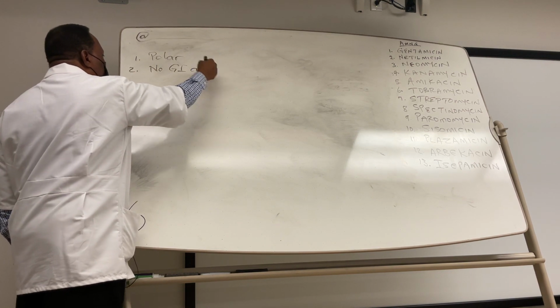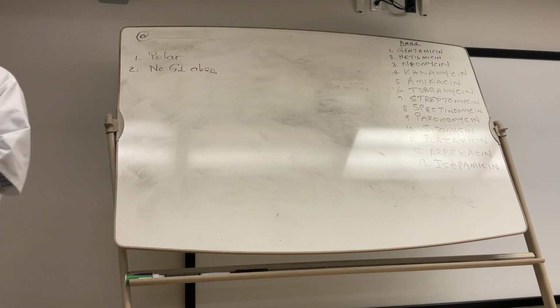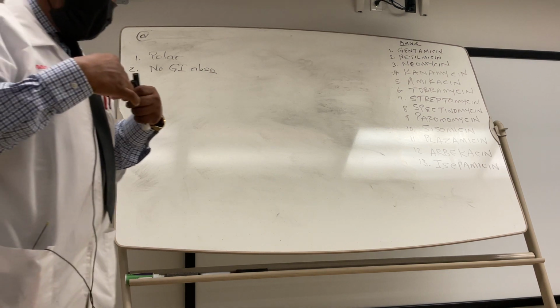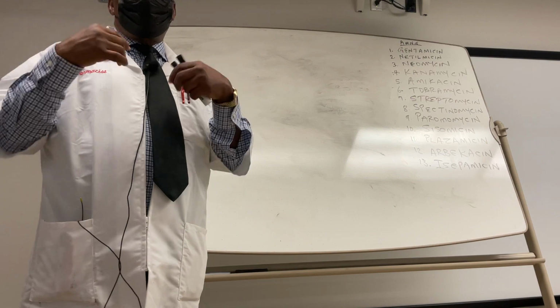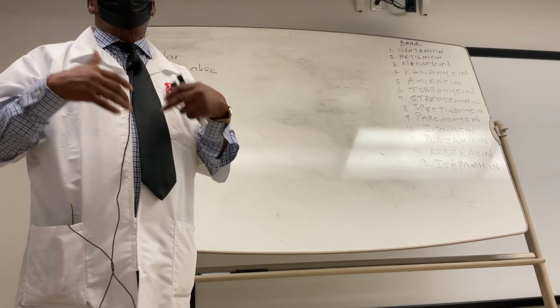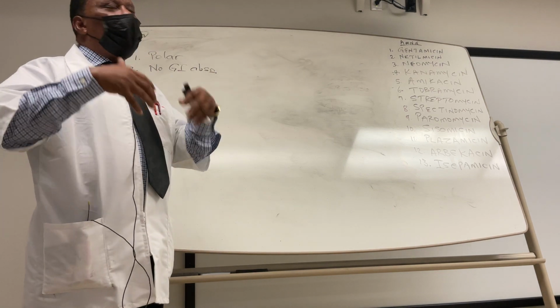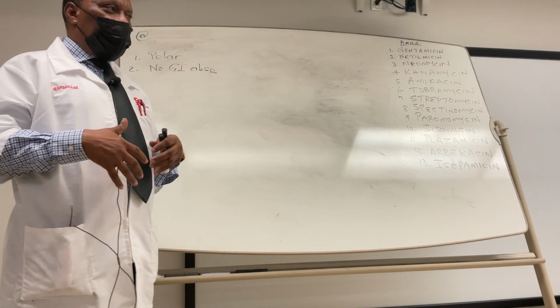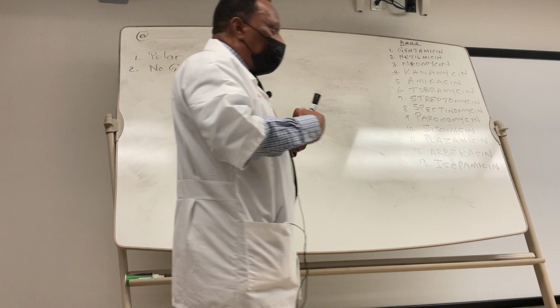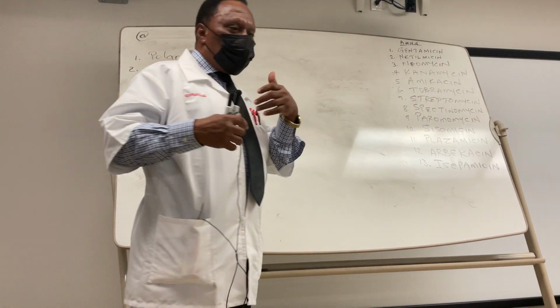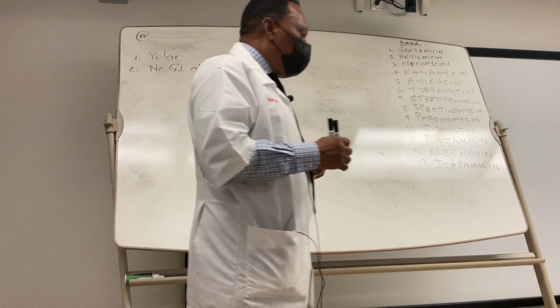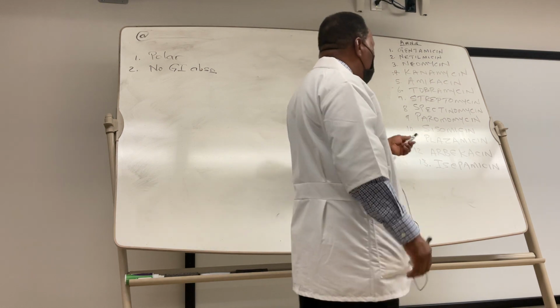So they're not easily absorbed through the GI tract. There are 3 of them that are administered orally. Even though they're given orally, they're not given for systemic purposes. They're given for an effect on the GI tract, not being absorbed into the bloodstream.